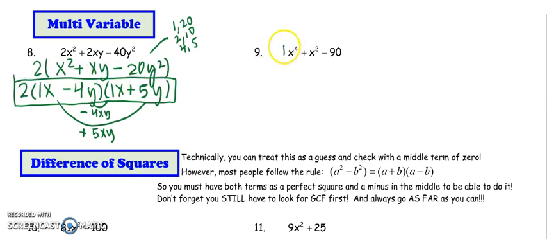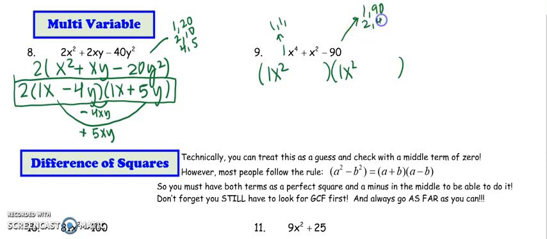Over here, don't freak out about x to the 4th. Again, no big deal. So we've got 1x squared and a 1x squared. Then we got 90. That's a big one, right? 1 and 90. We've got 2 and 45. We got 3 and 30. I'm looking for this to add to be a 1, so we're still a little bit away. 5 and 18. 6 times 15, and then last but not least, 9 times 10.